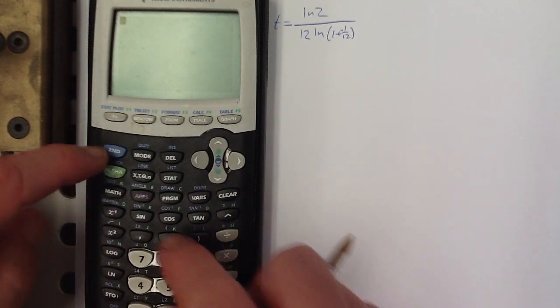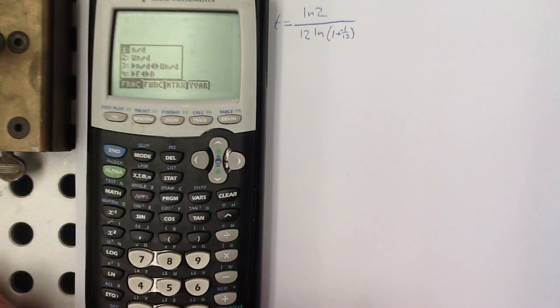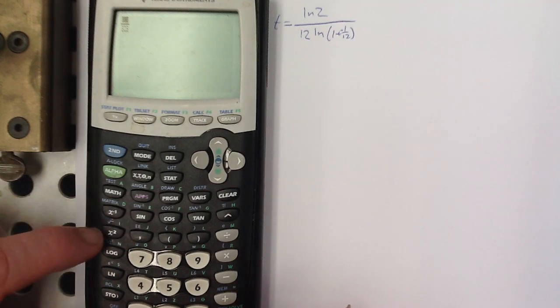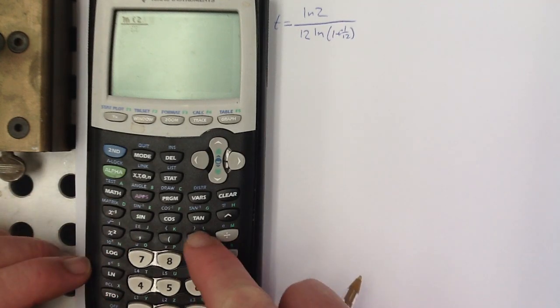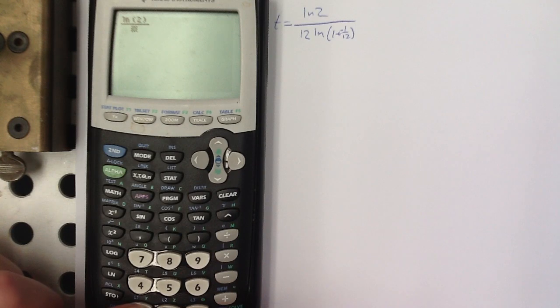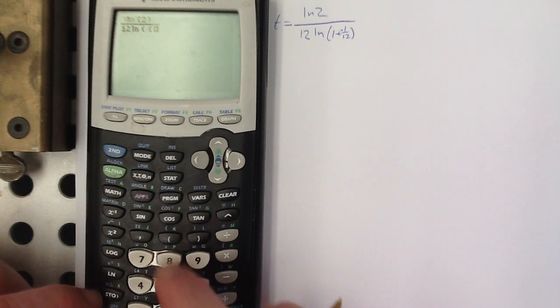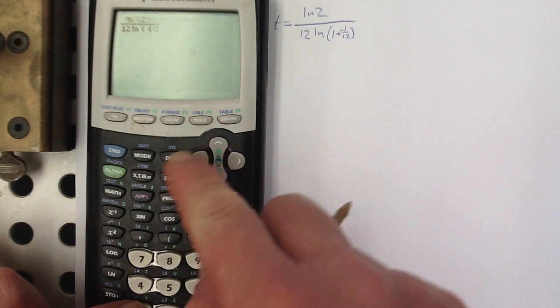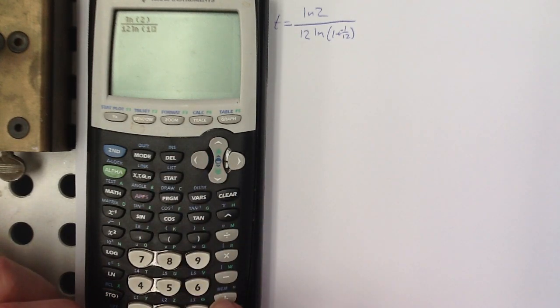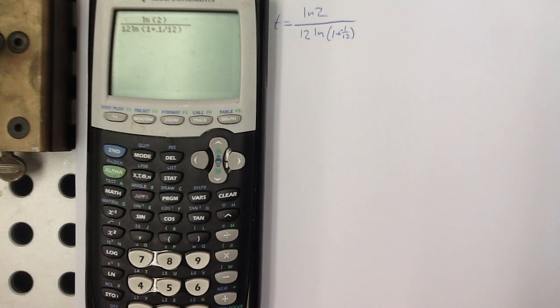Natural log, definitely want to use my little fraction feature. Natural log 2 over 12 natural log 1 plus 0.1 over 12. That should be it.